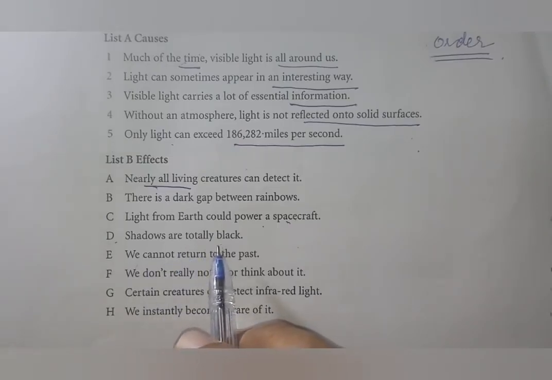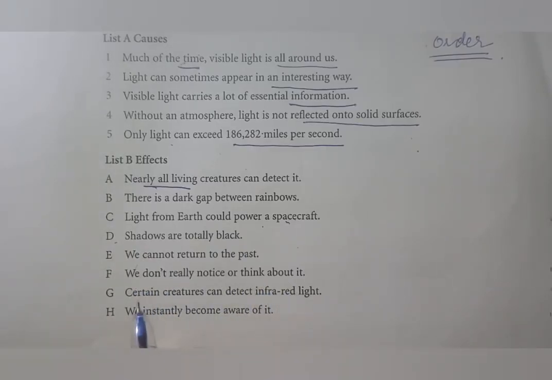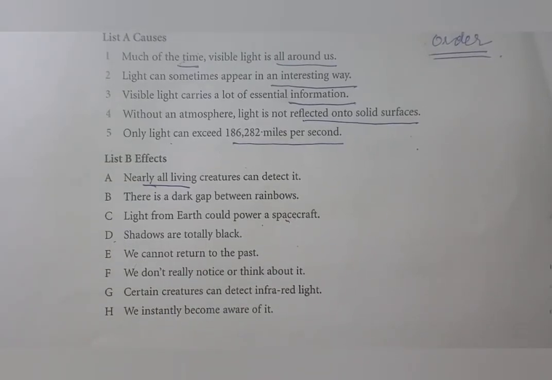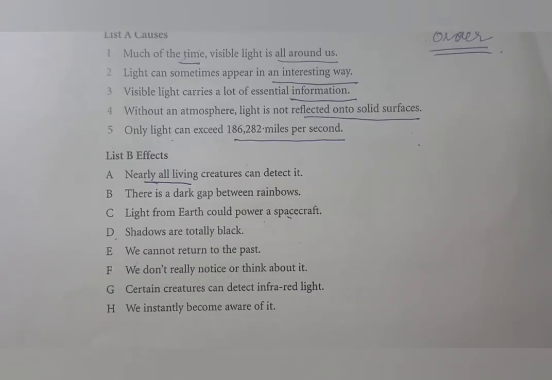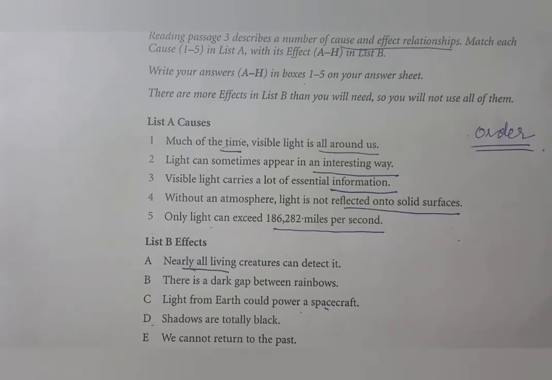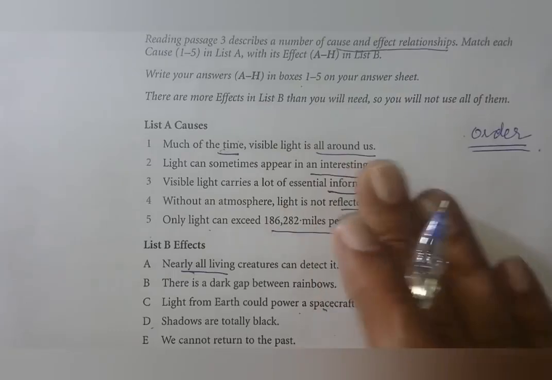Shadows are totally black. We cannot return to the past. We don't really notice or think about it. Certain creatures can detect infrared light. We instantly became aware of it. Now let's start. These are in order according to my thinking, right?